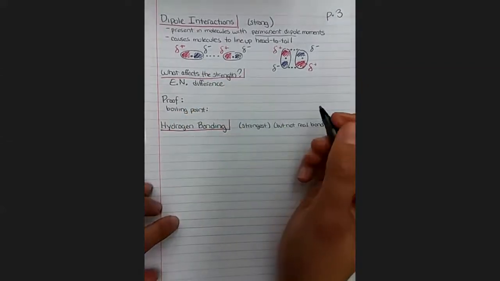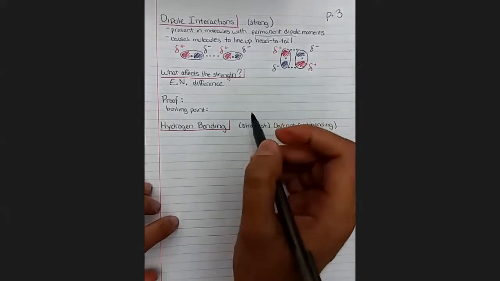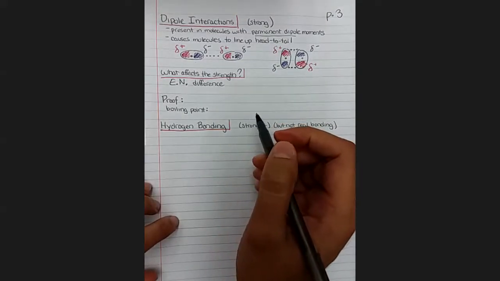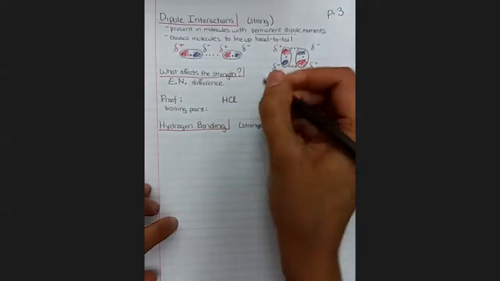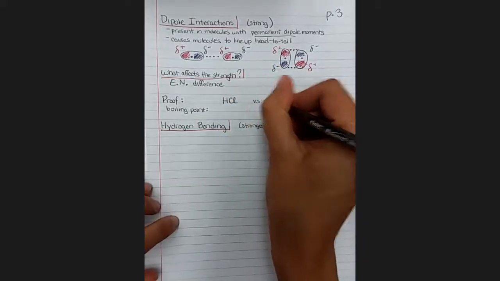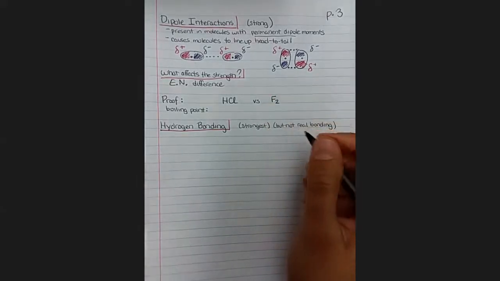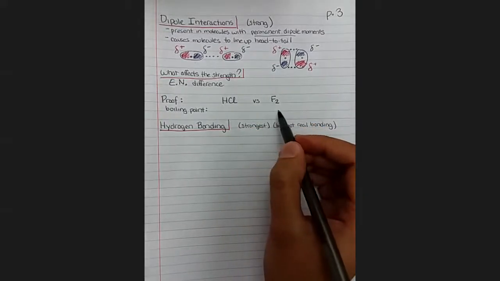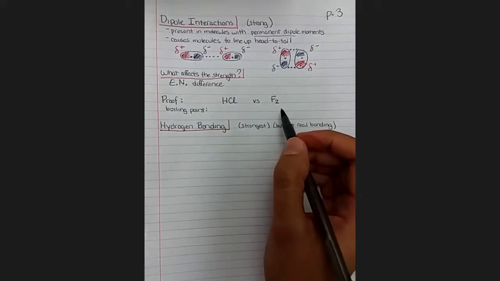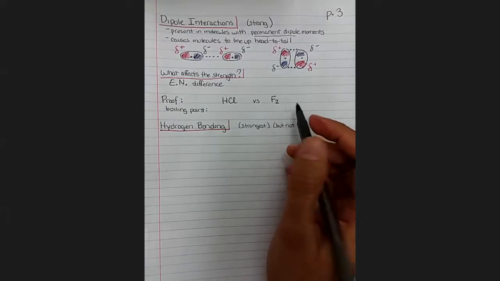So let's compare the boiling points of two molecules that would have similar dispersion forces, that have similar size and similar shape. So we'll take HCl against F2. So according to the periodic table, both of these have a molecular mass of around 40 grams per mole. So they're about the same size, and they're both linear, so they're both the same shape.